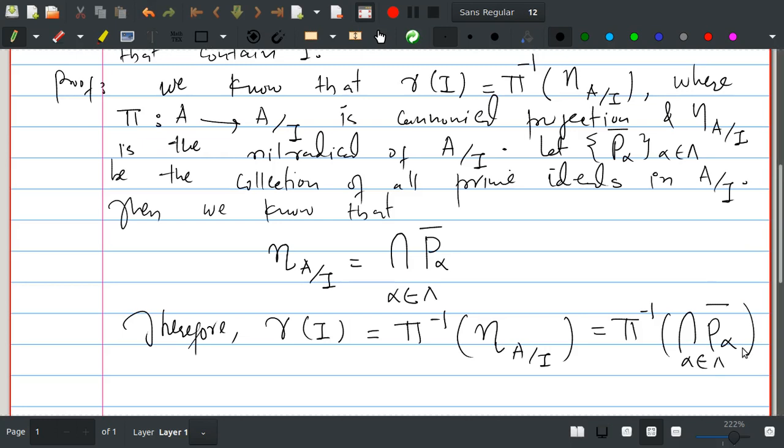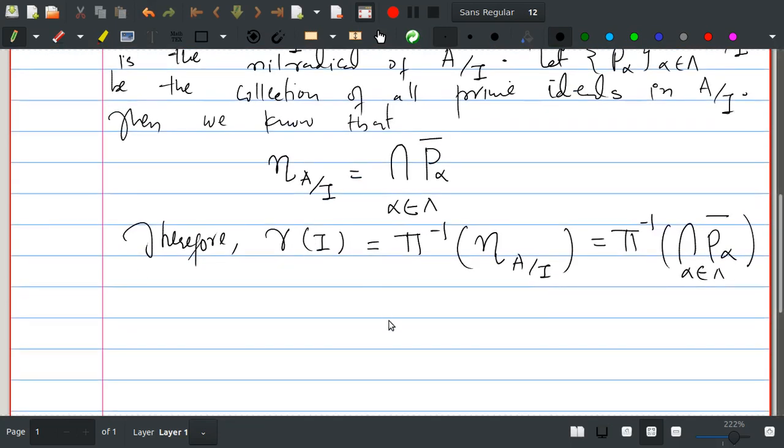Note that this pi is a surjection, so this is equal to the intersection of the inverse images of P alpha bar, where this alpha is in lambda.